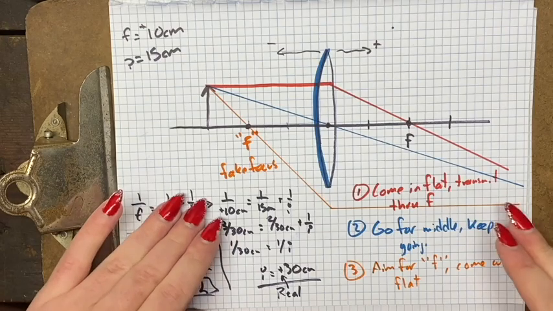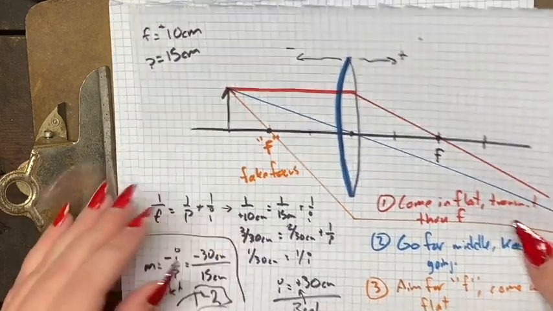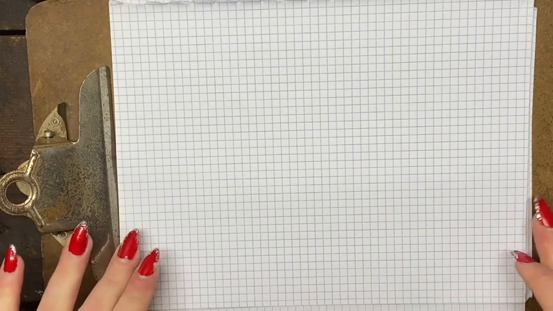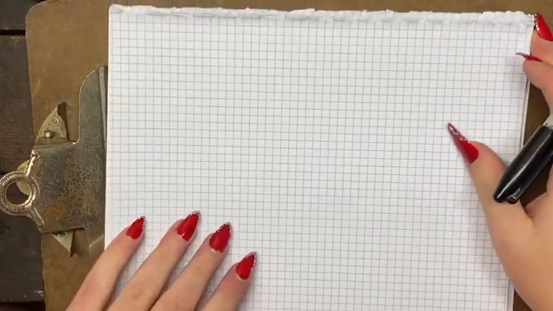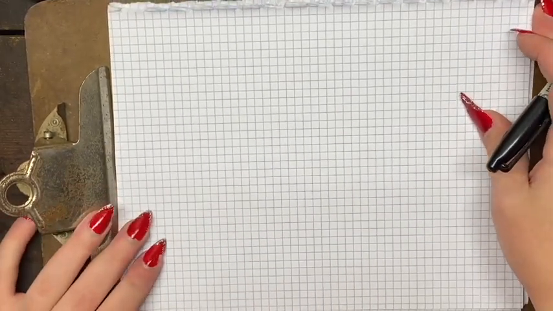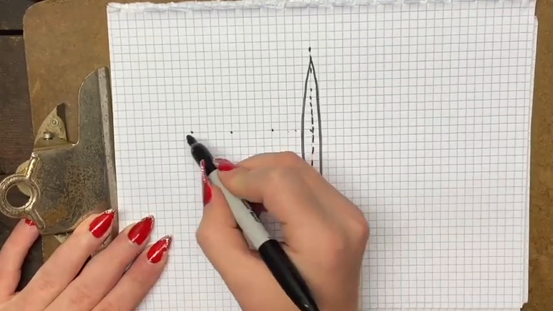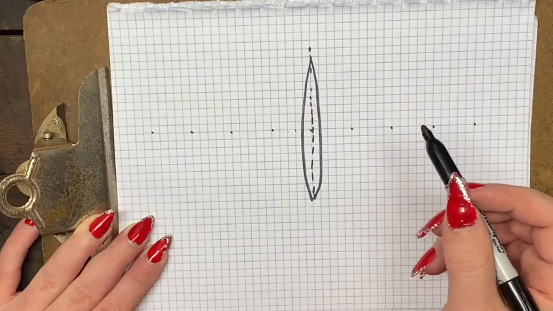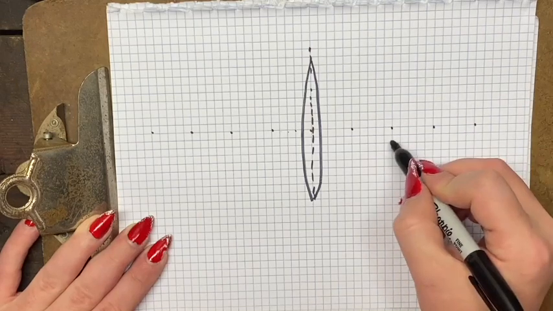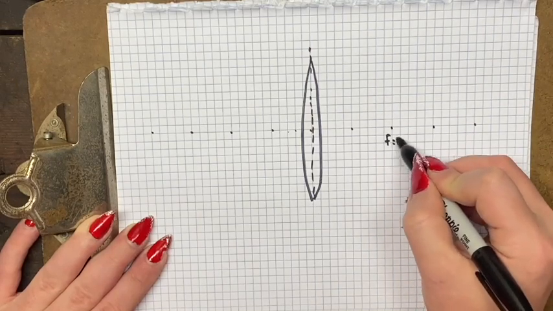All right, so what other types do we have? We saw that this one converged the rays, and just like a concave mirror, the convex lens will do the same thing. So we'll redraw the picture. Last time we had a focal point of 10 centimeters, so why don't we keep that?